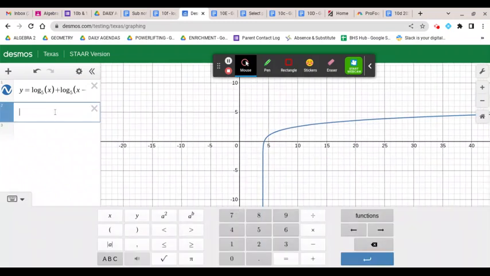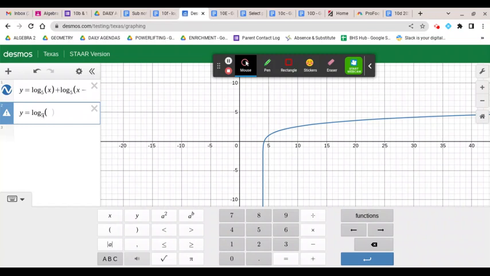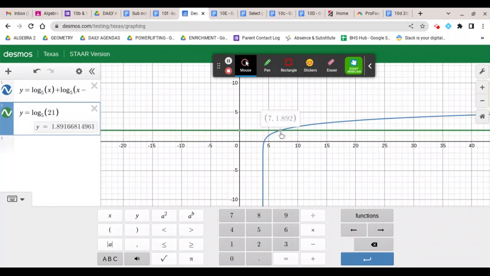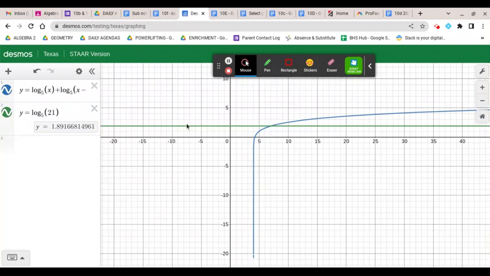On the other side, we have y equals, what was it? 21, log base 5 of 21. All right. We see we have one solution. All right. One solution at 7. If we come over here to -3, where our other solution is, clearly it doesn't work because the graphs don't match up. So 7 is a real solution. -3 is not.